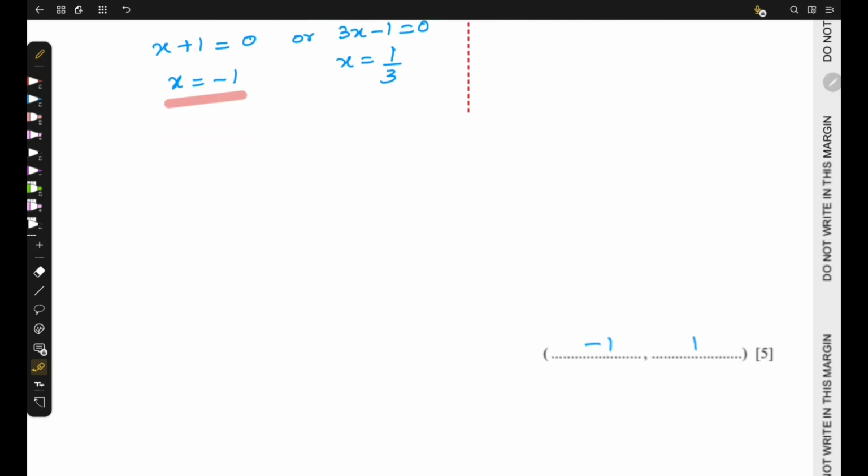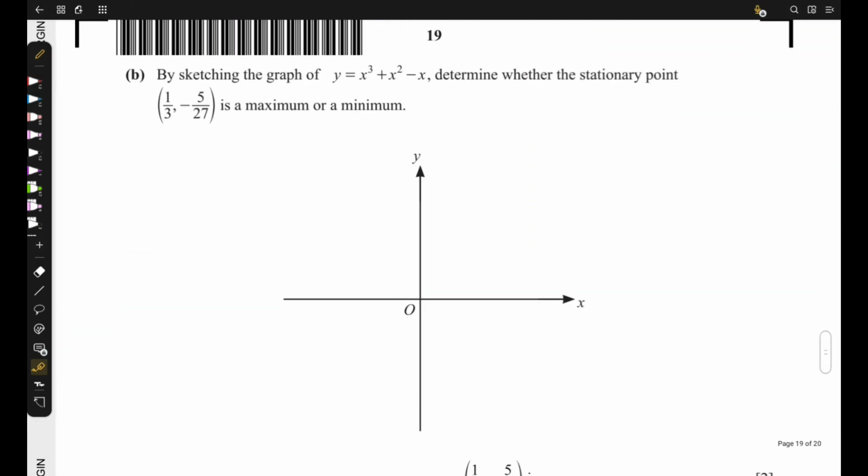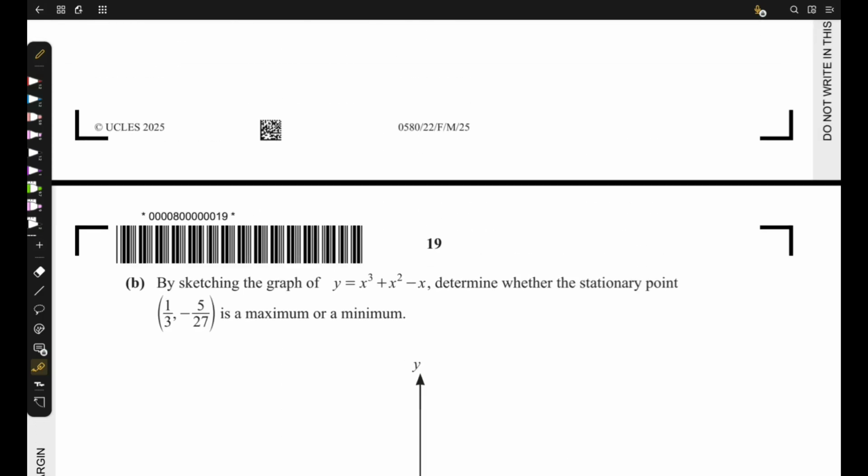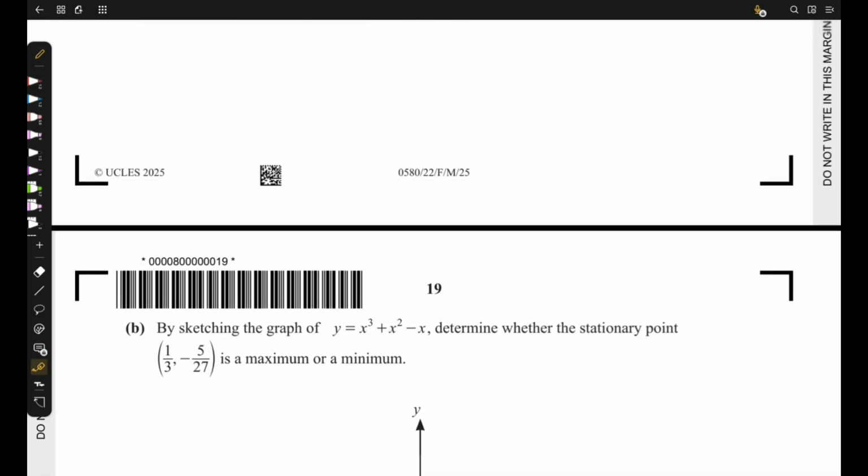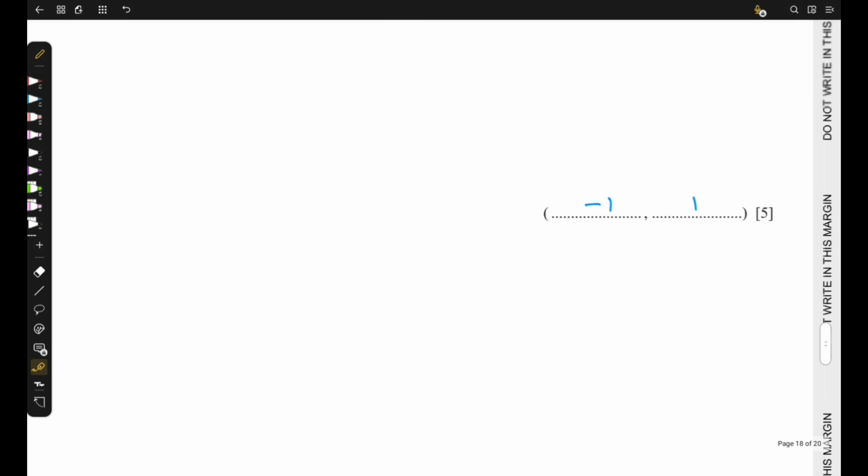Now, we have to move on to the second part. The second part is: by sketching the graph of x cubed plus x squared minus x, determine whether the stationary point, this one, is a maximum point or a minimum point. So we know that the maximum and minimum points are at x equals minus 1 and 1 over 3.